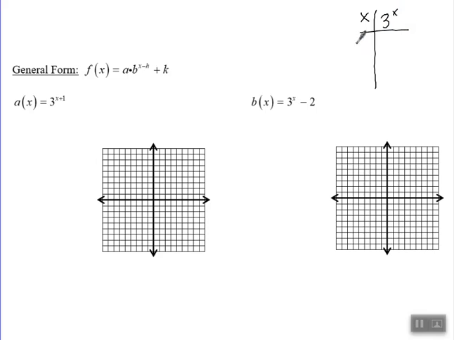A good rule of thumb is to use -1, 0, and 1 as your x values. Depending on the base or the size of your graph, it might be helpful to also add -2 and 2, but it just depends. So 3 to the negative 1 is 1/3, 3 to the 0 is 1, and 3 to the 1 is 3. So this is going to be our parent graph for the next 4 examples.